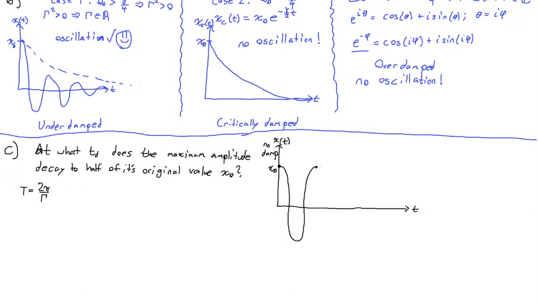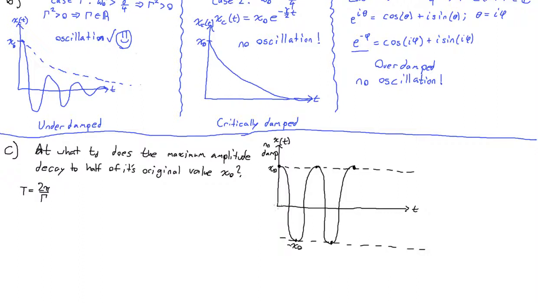So this would be x naught, this would be x naught. Let me just do a couple more. It's not going to be the greatest. And this is x naught, and this is minus x naught. And that's basically what would happen.